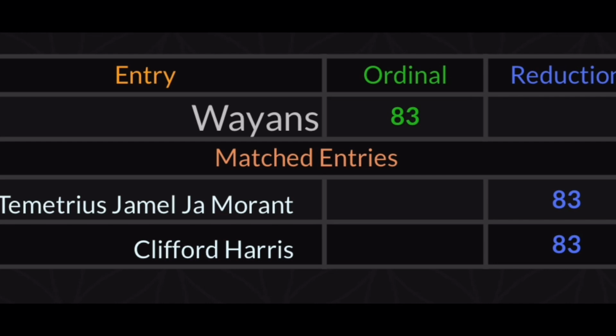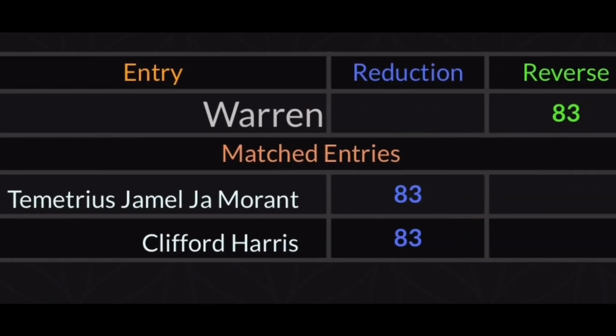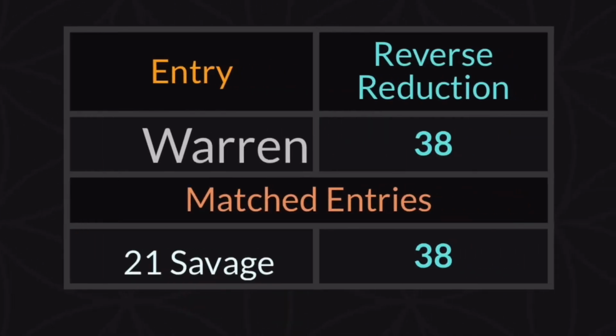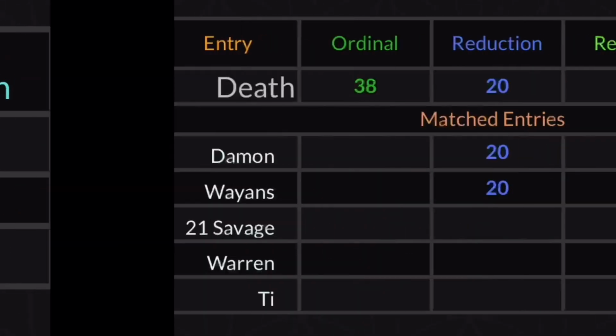As you guys can see right here, Wayans equals 83, just like Morant's full name and T.I's real name. And then Warren also equals 83, and murder equals 83. So one of these characters is definitely going to fake their death. And on top of that, Warren equals 38, and 21 Savage equals 38.